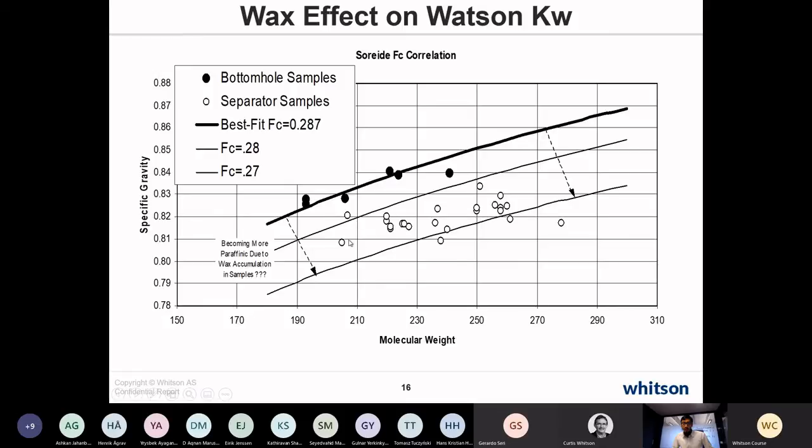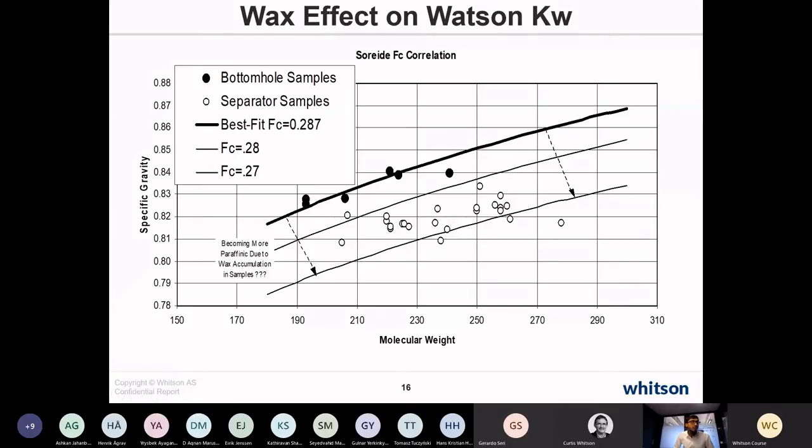That's why, if you have waxy crude, bottom hole samples are usually recommended, because you collect samples at high temperatures and don't have these wax issues. And that's why the measurements from the bottom hole samples are more consistent compared to the measurements from the separator samples.